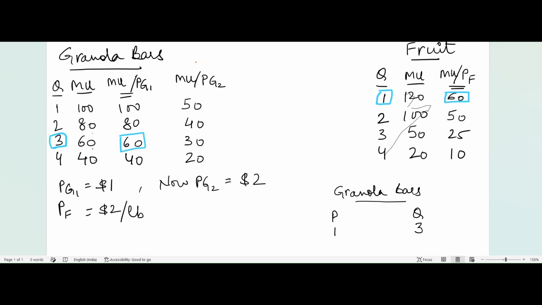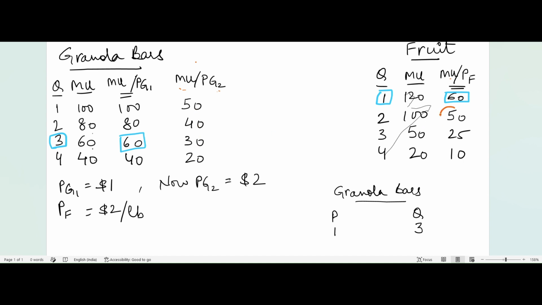All right. Now let's look at where I get utility maximization. This is my marginal utility per dollar of granola bar, and this is my marginal utility per dollar of fruit, because the price of fruit hasn't changed. So now, where do I get equal numbers?